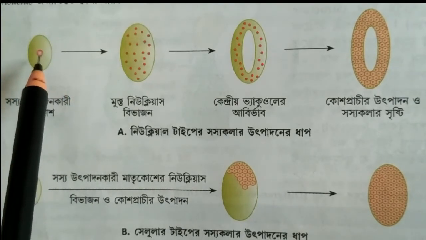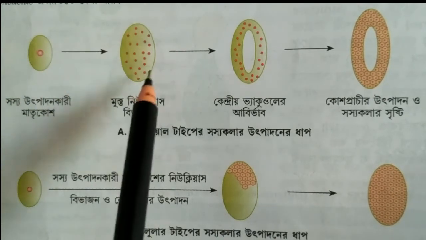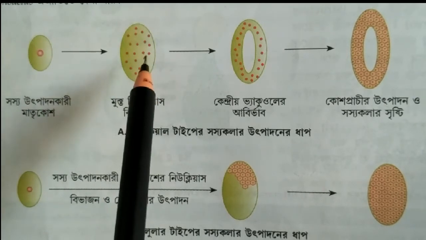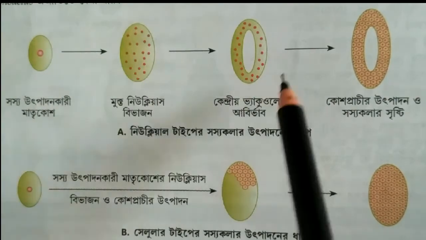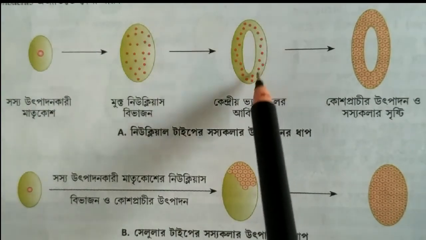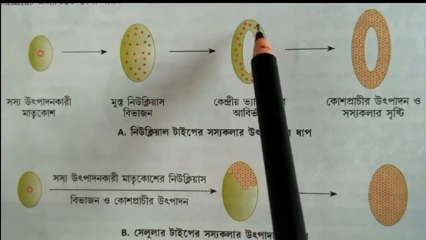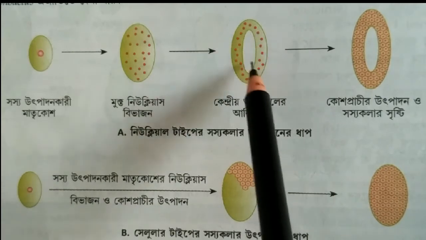First, the triploid endosperm is formed. This is one nucleus. This nucleus is continuously divided into offspring nuclei and they are free in nature. After that, these free nuclei come to the wall of the endosperm and a big vacuole forms in the cell.